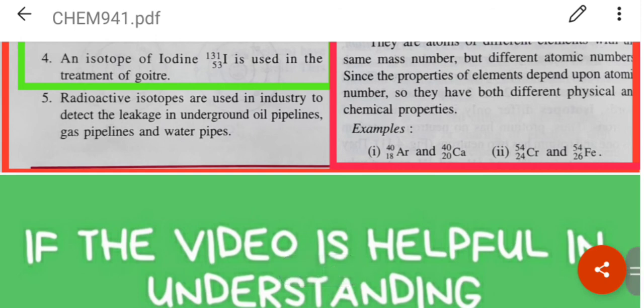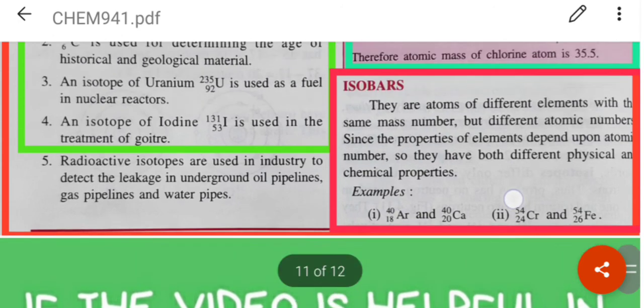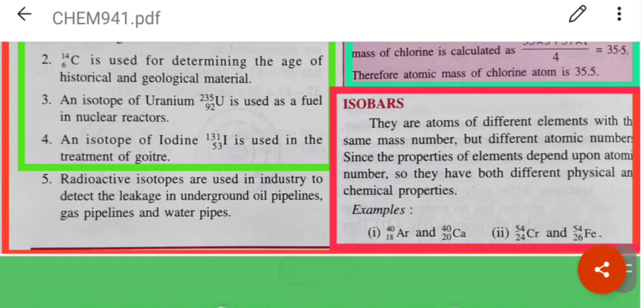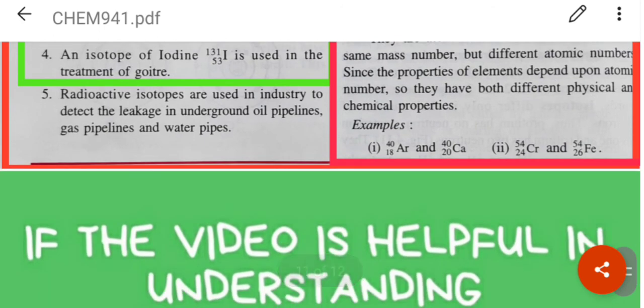For example, argon 40Ar18 and calcium 40Ca20. Both of them have mass number 40, but atomic numbers are 18 and 20 respectively. Since the atomic numbers are different, they will show different chemical properties, as chemical properties depend upon the electronic configuration. Another example is chromium and iron.